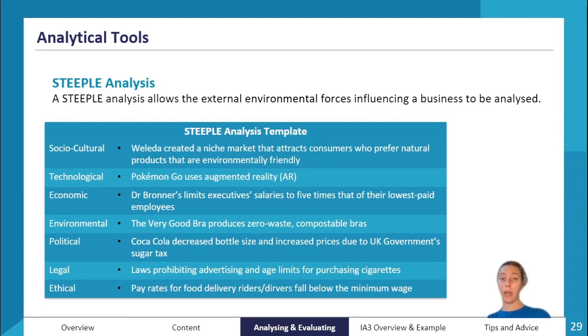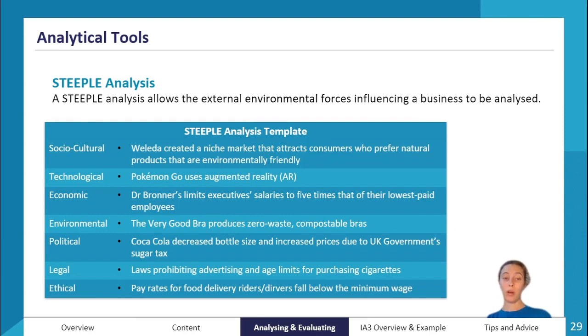And here we can easily see as well that crossover between these. So yes, that is about people and their values, who value those natural products and things like that. But we've got a crossover there very clearly with the environmental section as well, because of that appealing to those environmentally friendly values that people have.